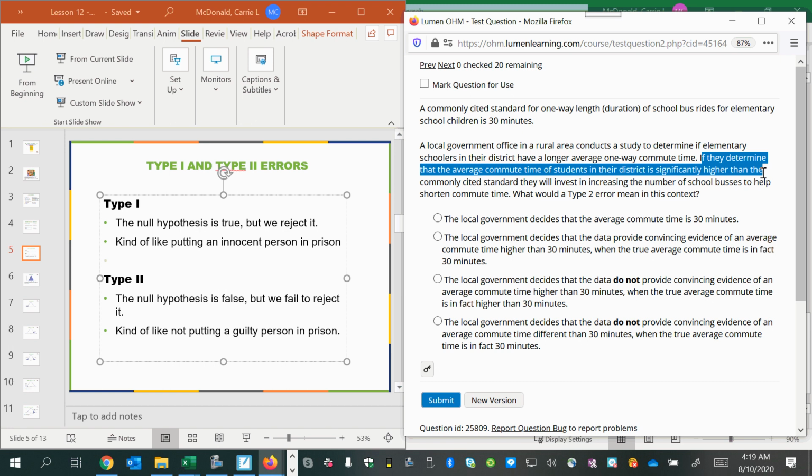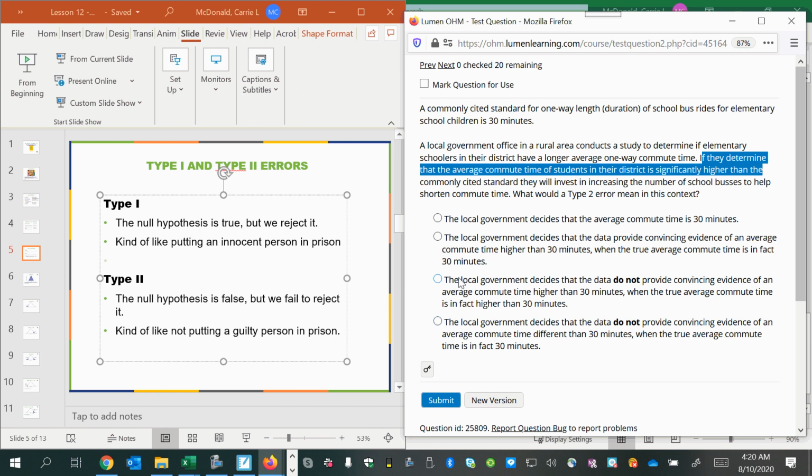The null hypothesis would be that they have an average of 30 minutes. So if we fail to reject the average of 30 minutes and they really do have a significantly higher busing time, then we would be in error to not reject that it's equal to 30 minutes.